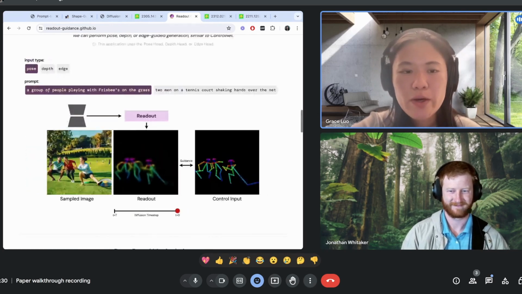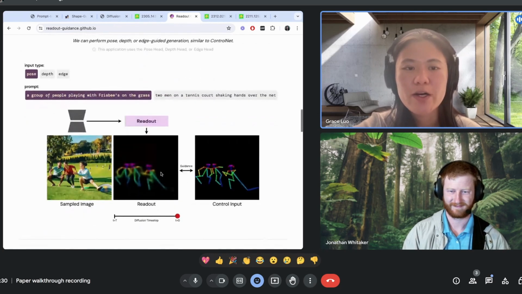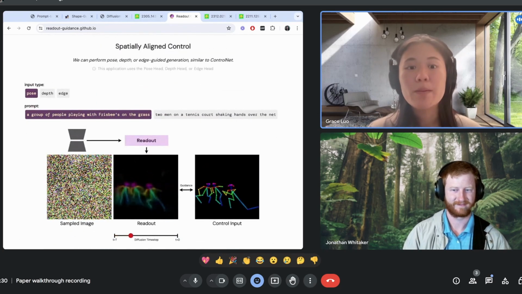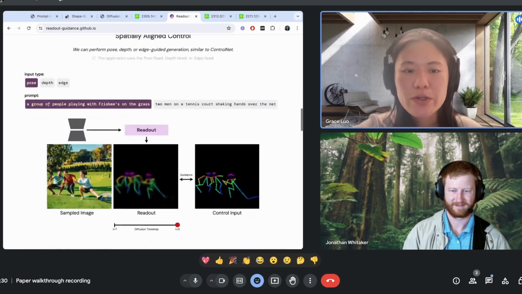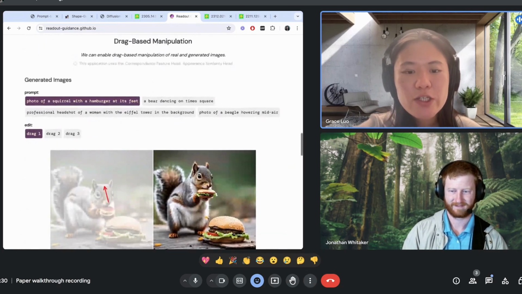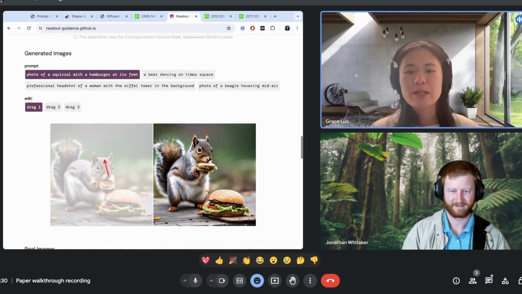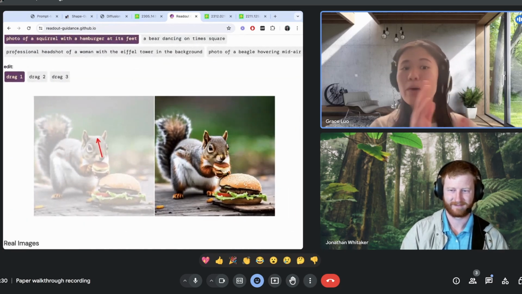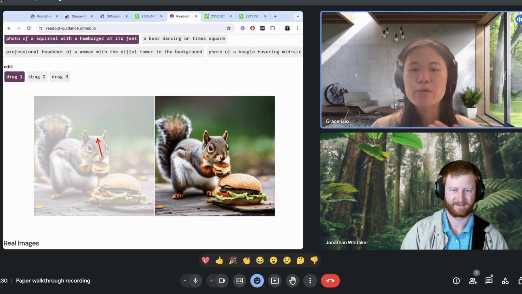And so we also have different applications beyond very canonical spatially aligned control, as popularized by ControlNet. We also try other applications such as drag-based manipulation, where in order to do a task like this, you want one head for this correspondence task.